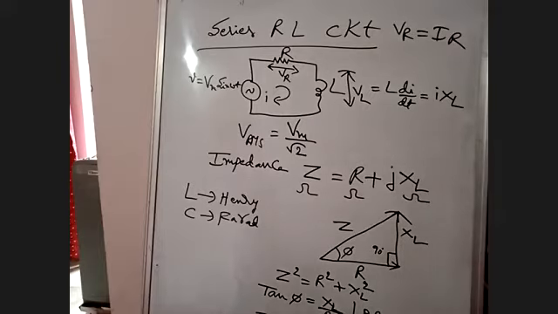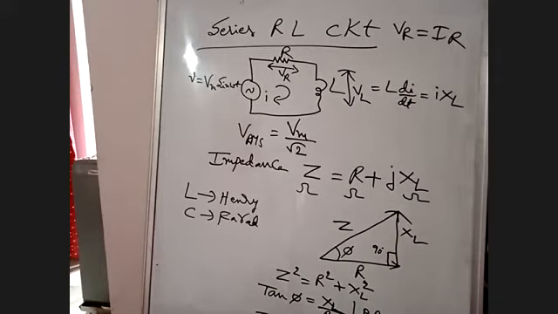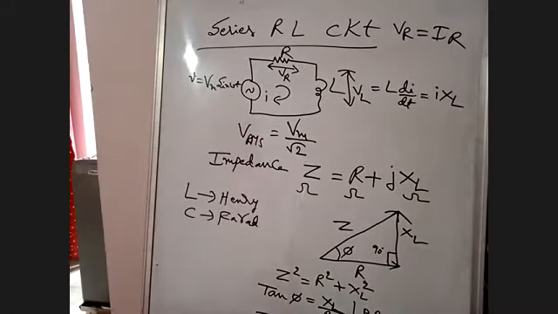Now I will derive the voltages. What is the total voltage here? Voltage across R is VR, voltage across L is VL. We take the RMS voltage, not the instantaneous value.